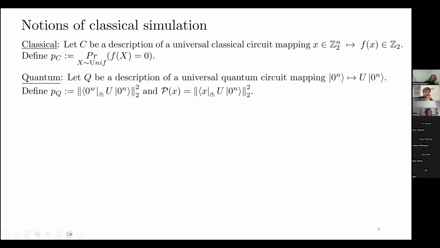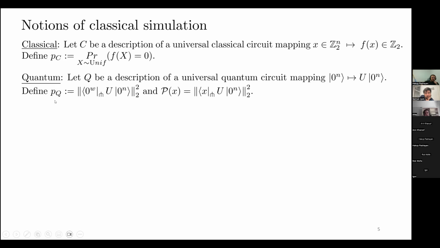Okay, so that's a perfectly well-defined probability for every input circuit C, and also one that can be estimated by having access to the classical circuit. You could simply run the circuit lots of times on random inputs and use the frequency of zeros to estimate what that probability is. The quantum analog of this is the following. Let Q be a description of a universal quantum circuit, and this maps the 0 state to some new state, U acting on 0.